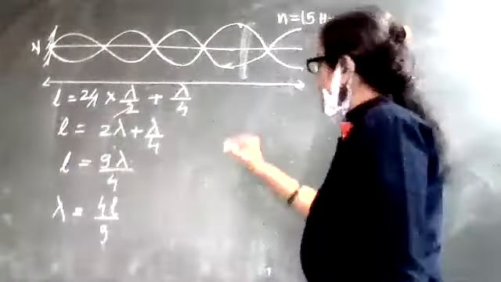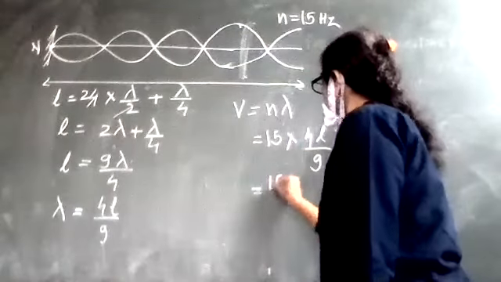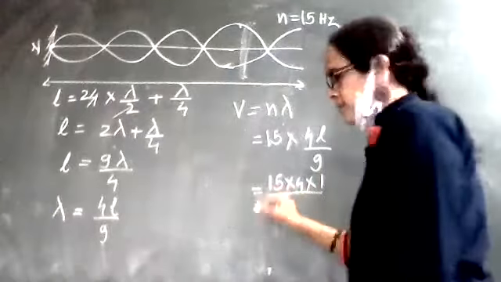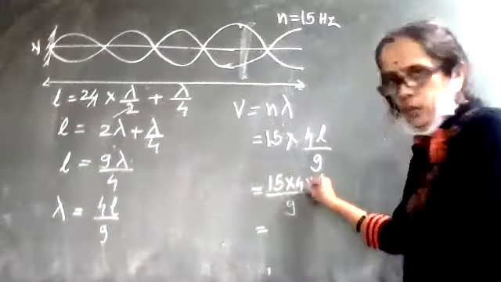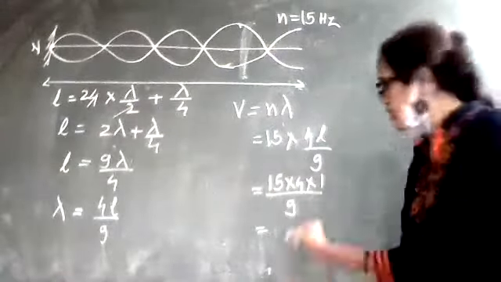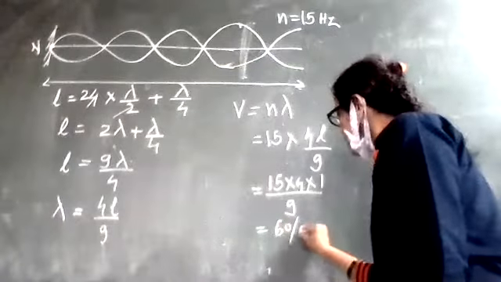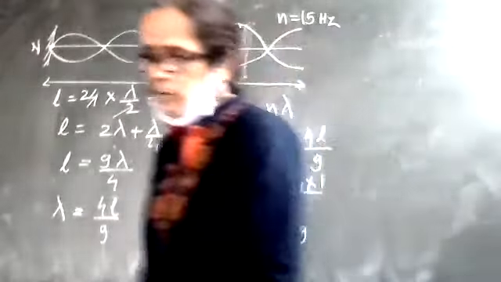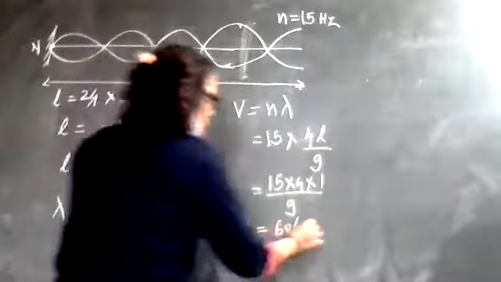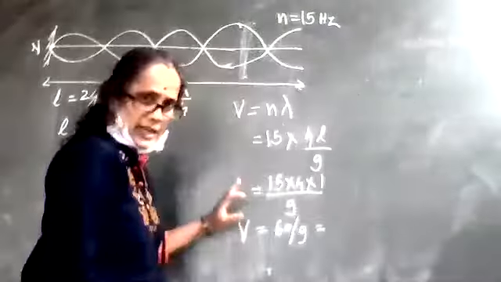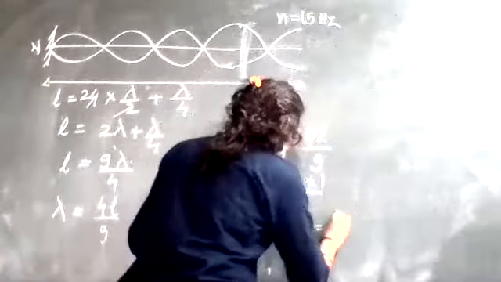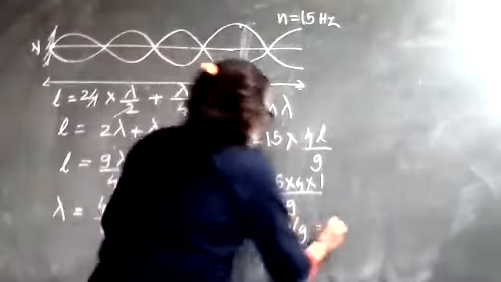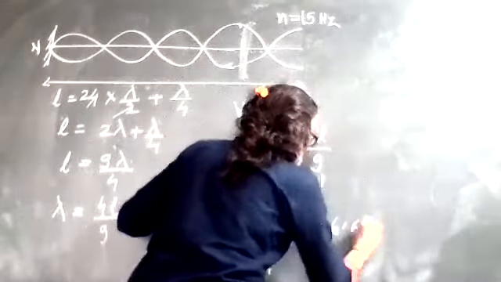So 15 into 4 into 1 upon 9. 15 into 4 is 60. So 60 upon 9, that is nothing but your velocity of the sound. You have to solve that, and I am getting 6.67 meter per second.